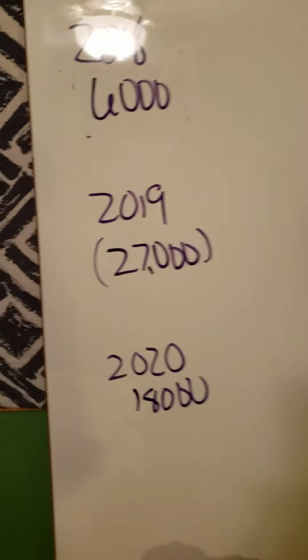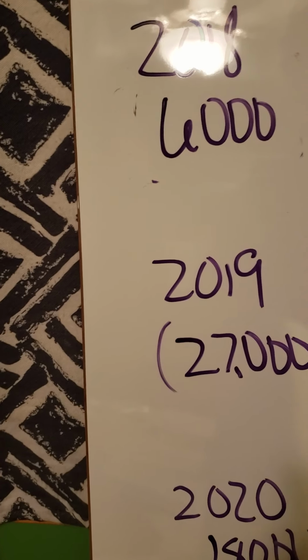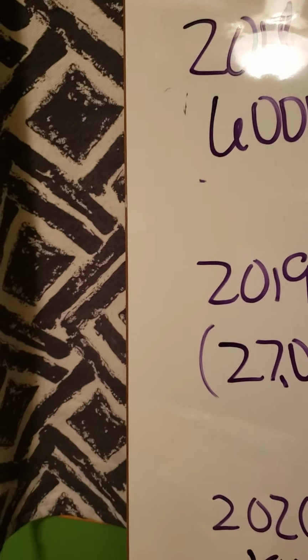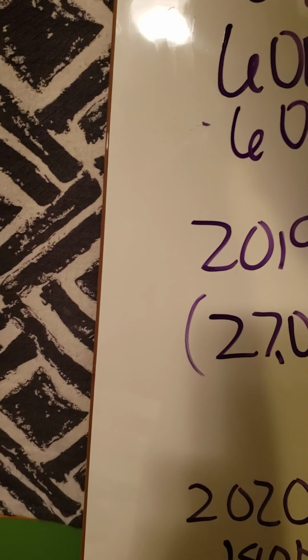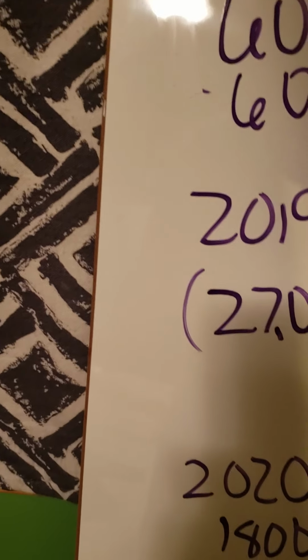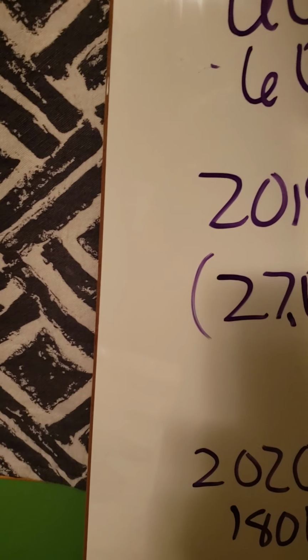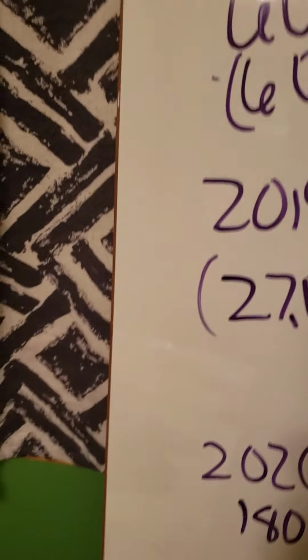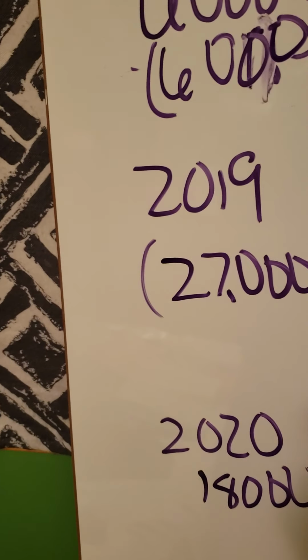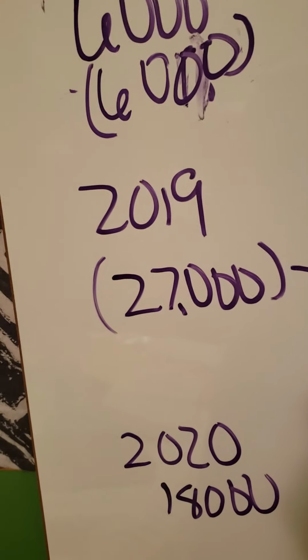So what's going to happen is I'm going to take $6,000 of this capital loss, and I'm going to carry that back to 2018. Which now reduces this to $21,000.